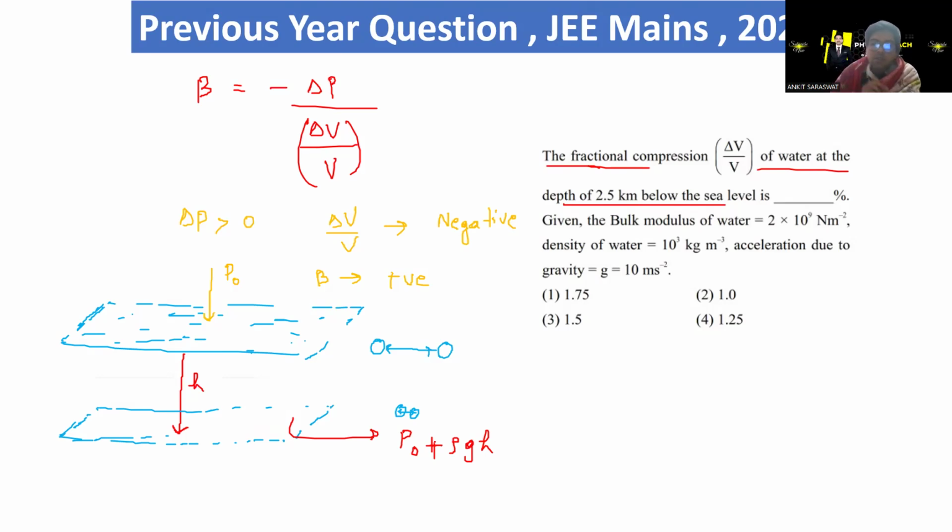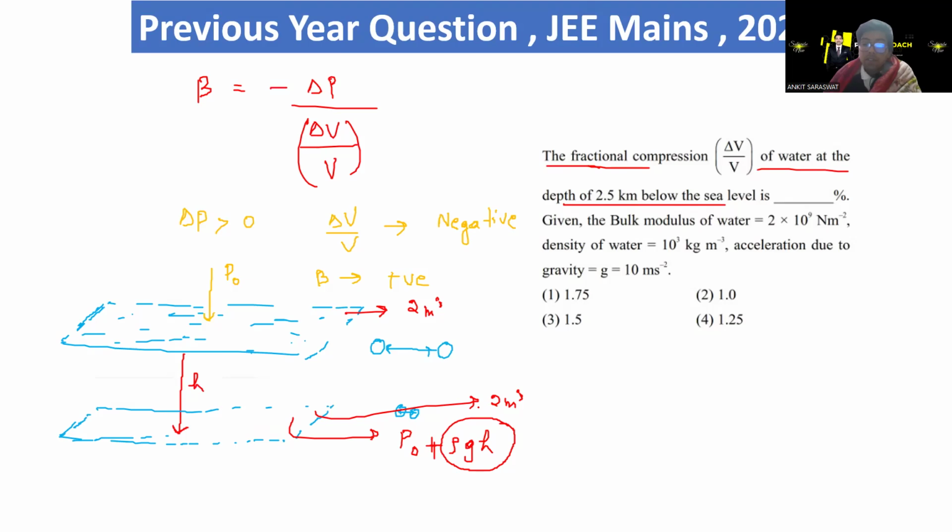If there is no additional pressure rho gh, then there is no change in volume. If you ask me, sir, at the surface the volume is, let us suppose, 2 meter cube. Let us suppose I am taking any random value. At depth, again it is 2 meter cube. There is no change in volume. But this rho gh is responsible for the change in the volume of water. Clear?